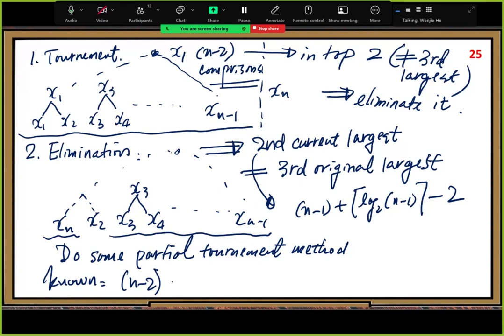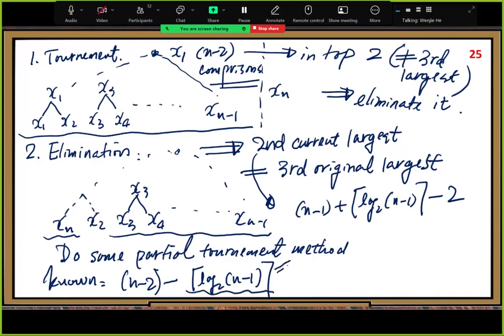How many comparisons were related to x1? Ceiling function log of n minus 1, because x1 plays this many rounds.